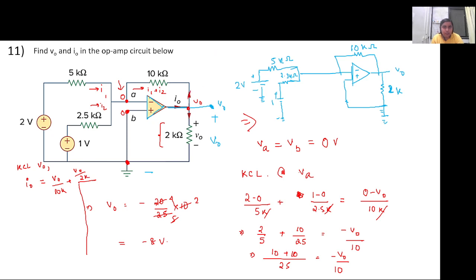So it will be equal to the current that is flowing in this particular branch and this particular branch. We have the value of V naught, so we can calculate I naught. I'll just remove the k and write in terms of milliampere. In the denominator it is 10 to the power 3. If I bring it to the numerator, it is 10 to the power minus 3, so it will be in milliampere. V naught is equal to minus 8, and this is 1 by 10 plus 1 by 2.